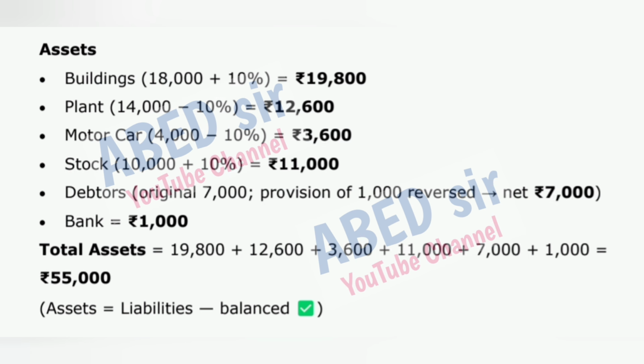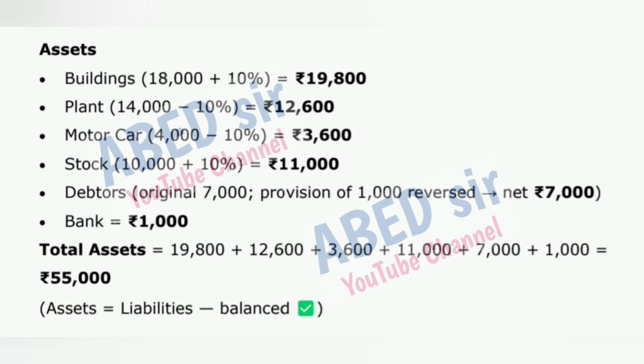Assets. Buildings, 18,000 plus 10% is equal to 19,800 rupees. Plant, 14,000 minus 10% is equal to 12,600 rupees. Motor car, 4,000 minus 10% is equal to 3,600 rupees. Stock, 10,000 plus 10% is equal to 11,000 rupees.